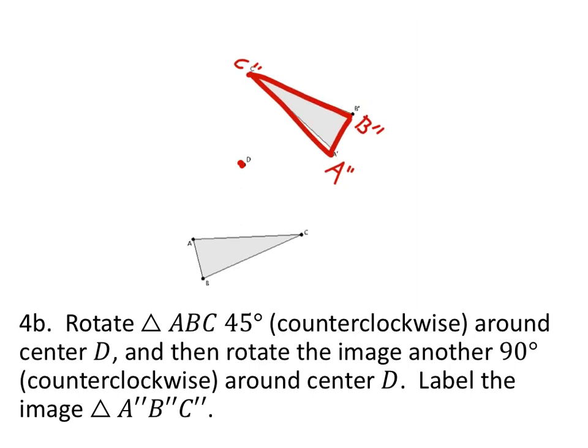Now, we may notice, or we should notice, that this is actually in the same spot as the other rotation that we had. So the question becomes, why is this one the same, whereas the other one that we did before was different?